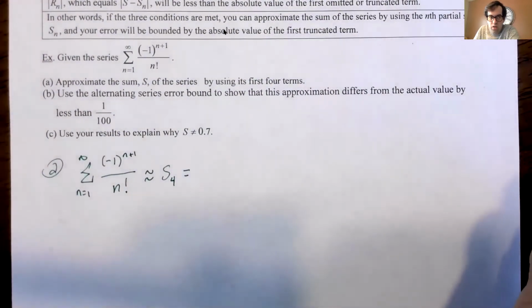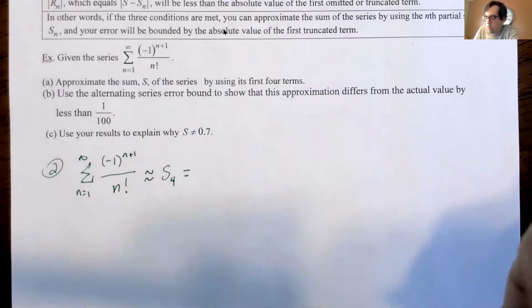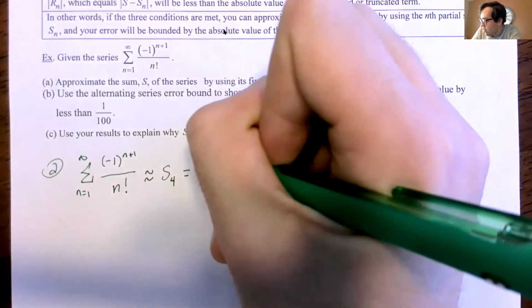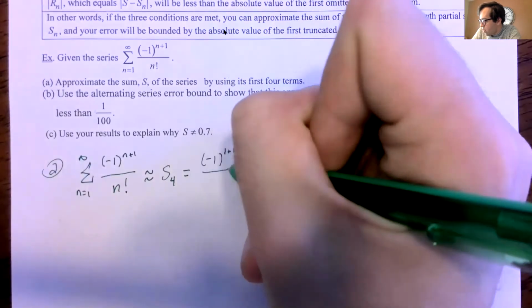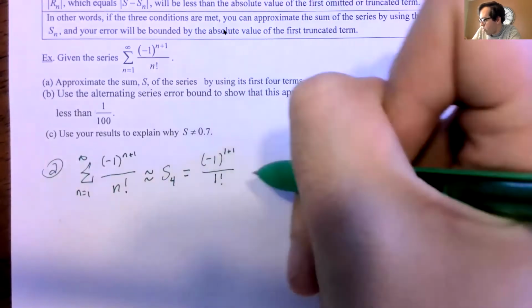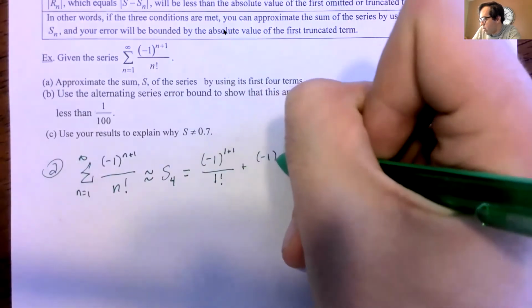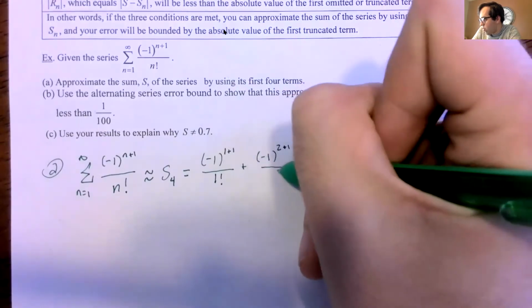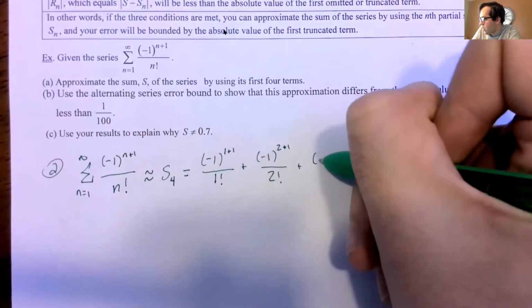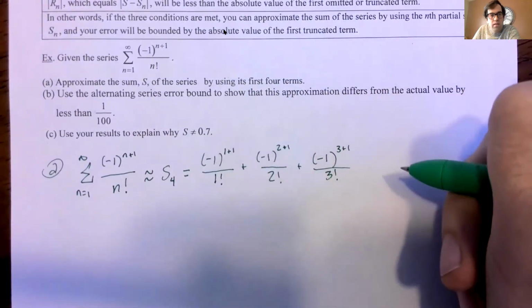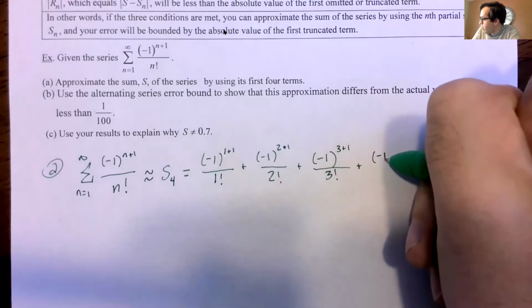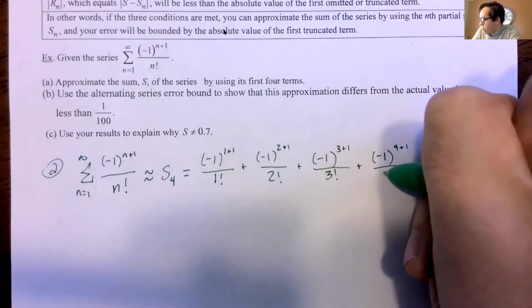Okay, so I'm just going to plug 1 in for n, and then 2, and then 3, and then 4. So we'll have -1 to the 1 plus 1 over 1 factorial plus -1 to the 2 plus 1 over 2 factorial plus -1 to the 3 plus 1 over 3 factorial plus -1 to the 4 plus 1 over 4 factorial.